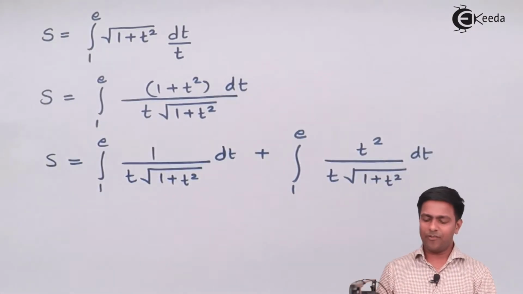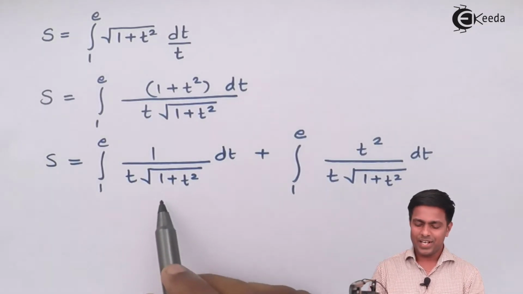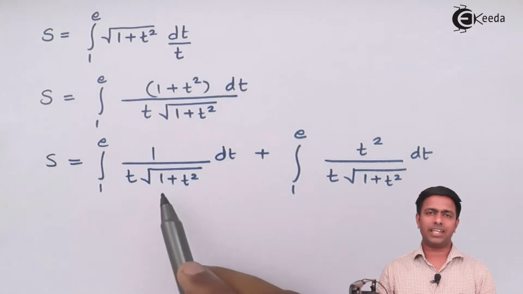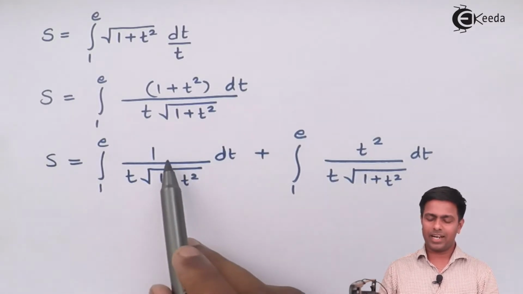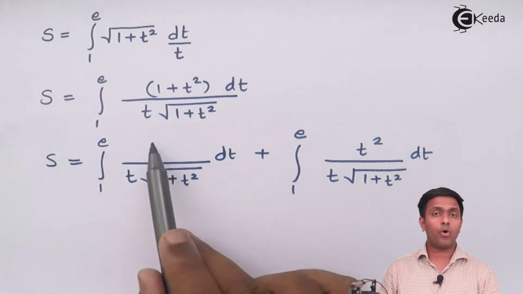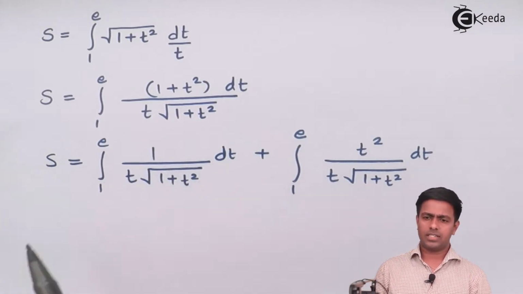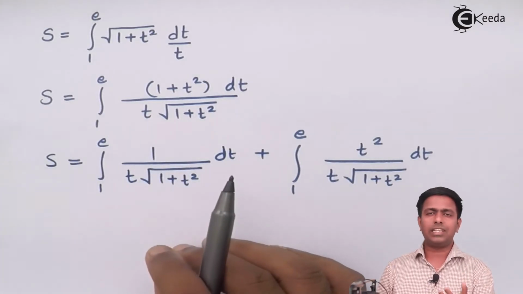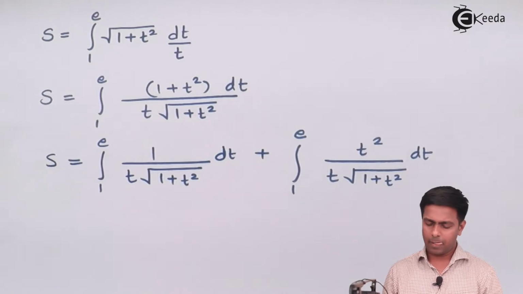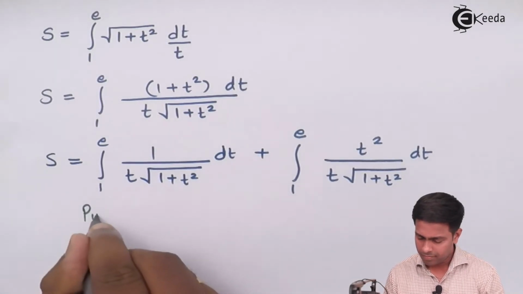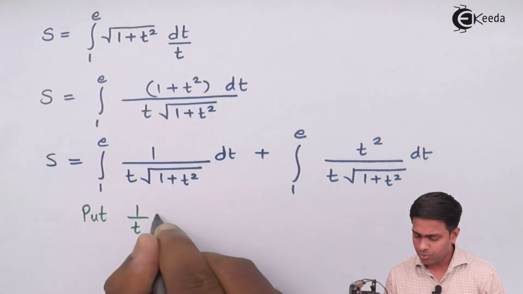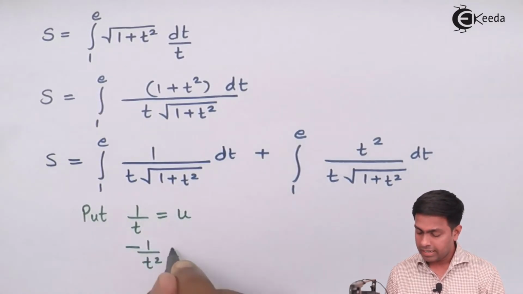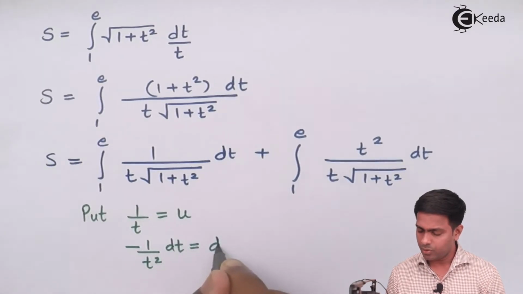Now guys, let's evaluate this first integration. So now again, to get the answer, we'll use the integration by substitution. So by doing that, here I'll put 1 upon t as u, because by doing that I can convert this to a term for which integration is possible. So put 1 upon t as u, therefore negative 1 upon t square dt is du.